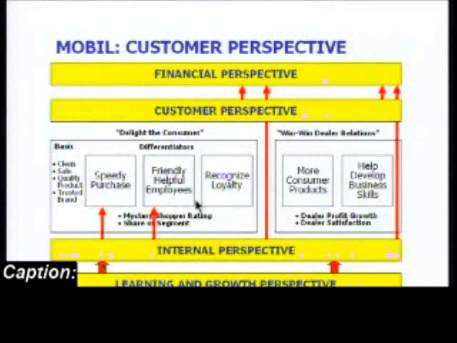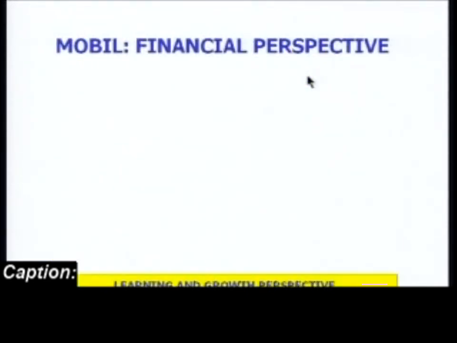So we're starting to see through these arrows the relationships between higher level strategies and the lower level strategies that they depend upon. Let's now have a look at the financial perspective.